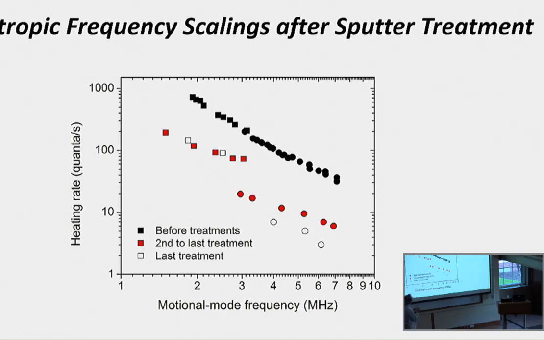So this is what we got before, and that's like that 1.5 in the noise. And then we hit it, removed it. I'm not showing all the data because it's a funny looking graph, but the frequency scaling went up on this graph, right? Well, it got shallower, and then on the second to last treatment, you got an asymmetry, you got an asymmetric heating. The heating in this direction is different than the heating in that direction.